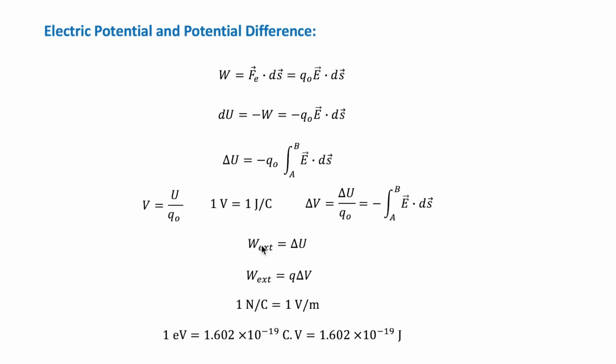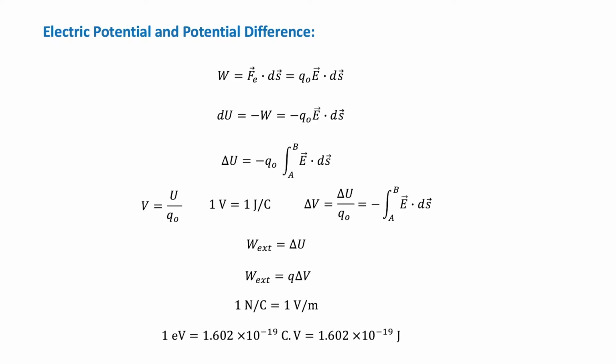So the work done by the external agent is then equal to plus delta U. So for an arbitrary charge, okay, so any charge, not the test charge, W is equal to Q delta V. So this shows that 1 joule of work is needed to move a 1 coulomb charge through a potential difference of 1 volt, okay?